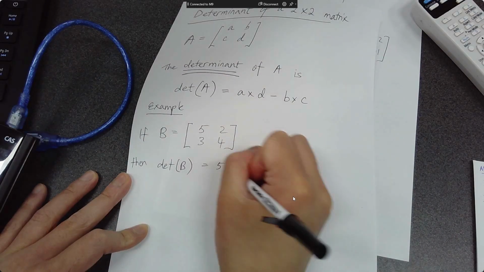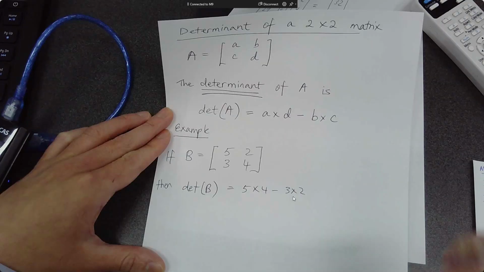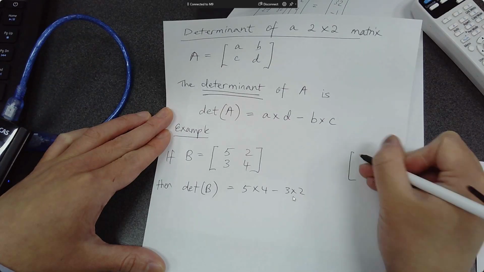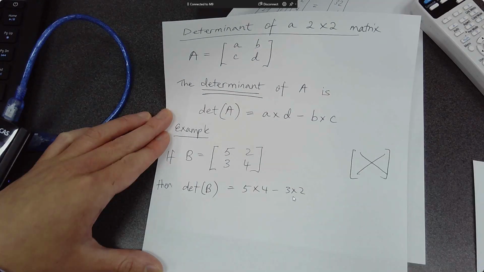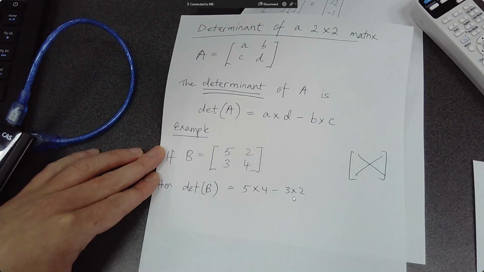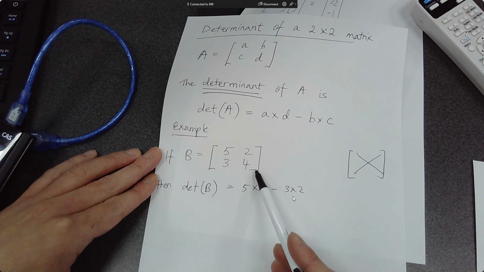Yes? Yeah. So you do this. The diagonals and find the difference. Okay? So A times D minus B times C. In this matrix, A and D are 5 and 4. B and C are 2 and 3.